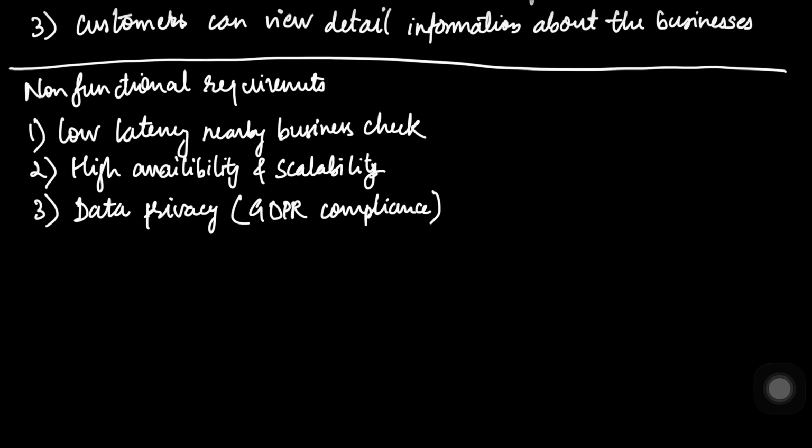So in our case, we would be thinking about high availability, then consistency, because let's say even if a business owner adds a business, we would be okay with showing up the business or reflecting the business on our application, let's say after 1 or 2 days, which is absolutely fine for us. But we want high availability, as whenever the user comes to our application, it shouldn't be down. So this is the thing which we would actually go for in our case.